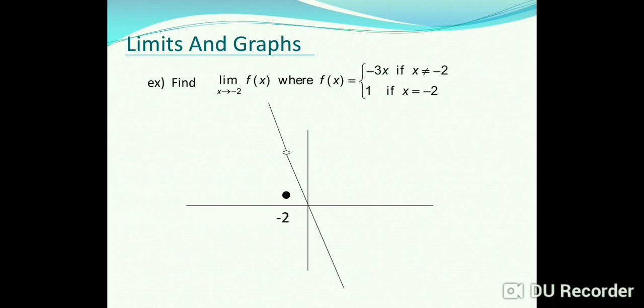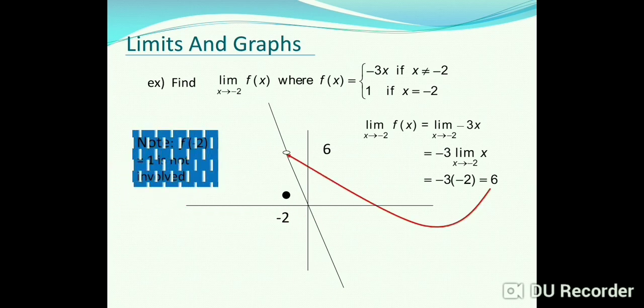Here we see the minus 2 point in the second quadrant, and the slope of the tangent to the curve at point minus 2. This is the graphical representation of the given example, and we note that f of minus 2 is equal to 1 is not involved in this figure as shown.